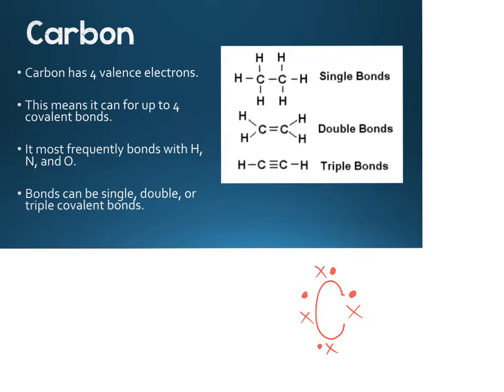This is important because that means carbon can form 4 bonds in all directions. That makes it so that it can form these chains that are very long, or also rings. Carbon can also form double or triple bonds between itself or other elements.